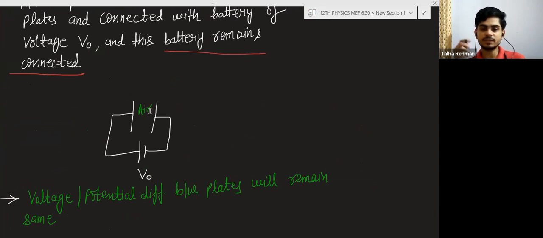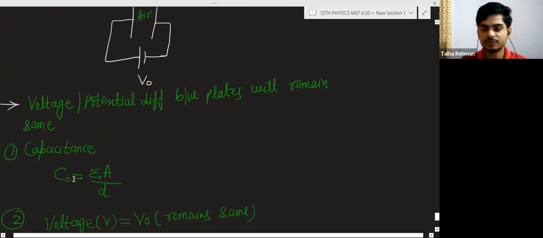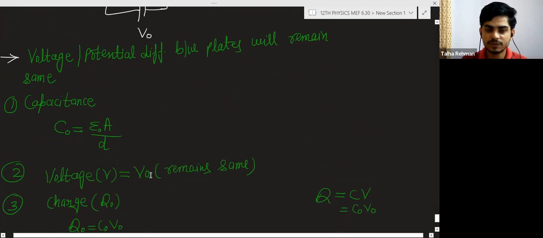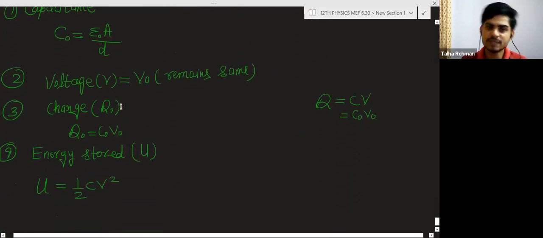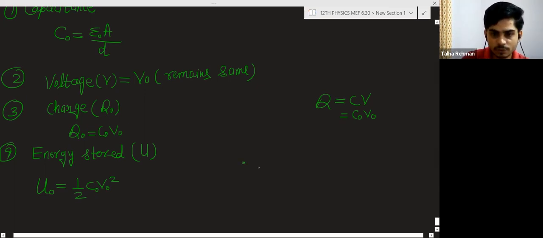And please remember one thing, if in between the plates of the capacitor there is air, we will represent all the things with this zero. Capacitance will be written as C0, voltage as V0, charge as Q0. This is the symbol I use when air is between the plates, like you have seen in Coulomb's law also. In Coulomb's law, here is a charge Q1, here is a charge Q2.